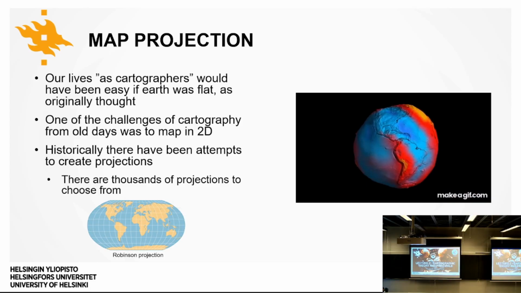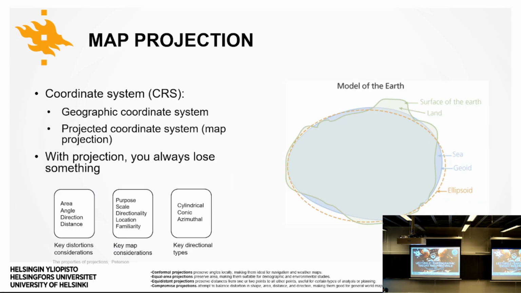And if you do a historical review, you will see there are thousands of projections you can choose from, many of which are obsolete or specific to certain areas around the world. But there have been a lot of attempts, and that's why we have a long list of coordinate and projection systems we can choose from.